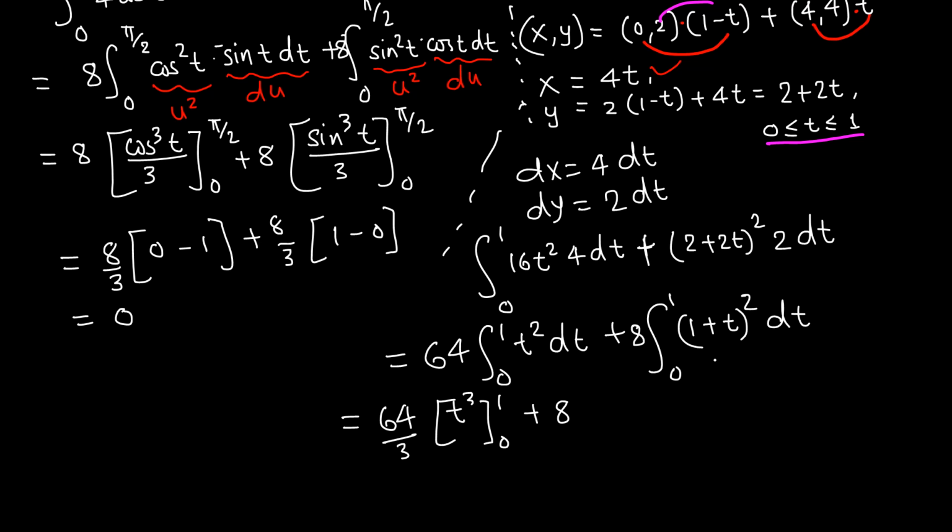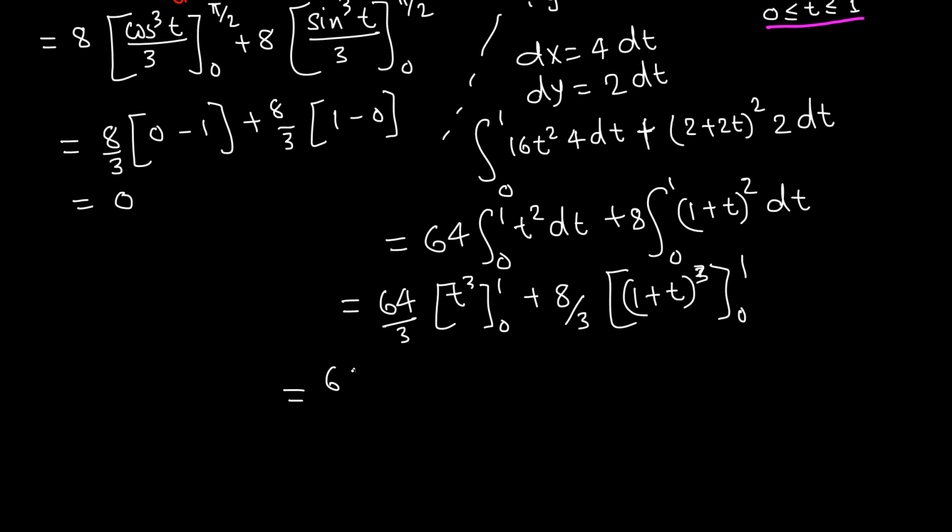(1 plus t) cubed over 3, the 3 can be pulled outside, divided by the coefficient of t, which is 1, so we don't have to worry, from 0 to 1. This is 64 thirds, upper limit 1 minus 0, just 1, plus 8 thirds, upper limit 1 plus 1 is 2, 2 cubed is 8, minus 1 plus 0, 1 cubed is 1.